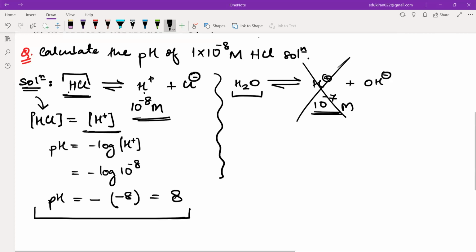But in this case, we have to take into consideration the H plus from water also.